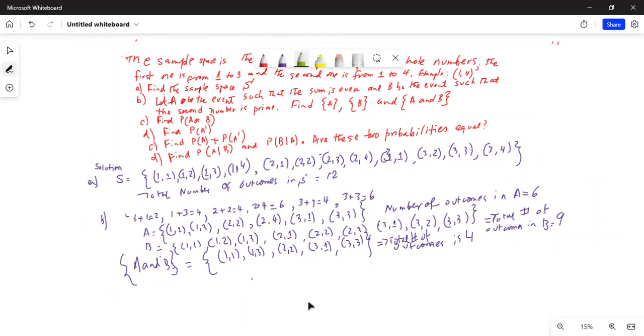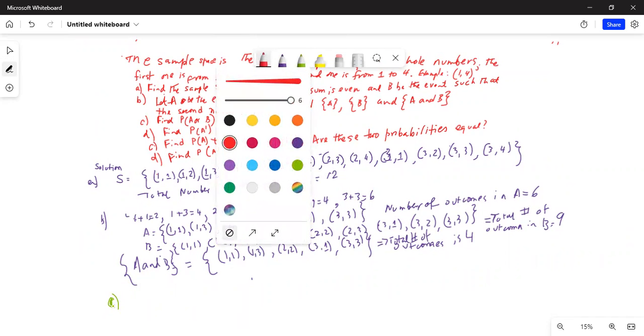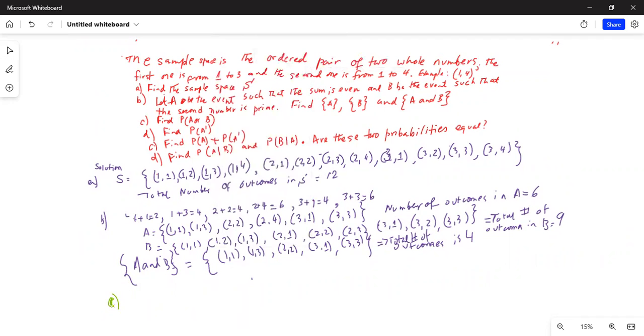Let me use the green pen. Is this dark enough? Maybe not. Let me find a darker color. This one will be dark enough. Okay, so let's do this again. Part C.